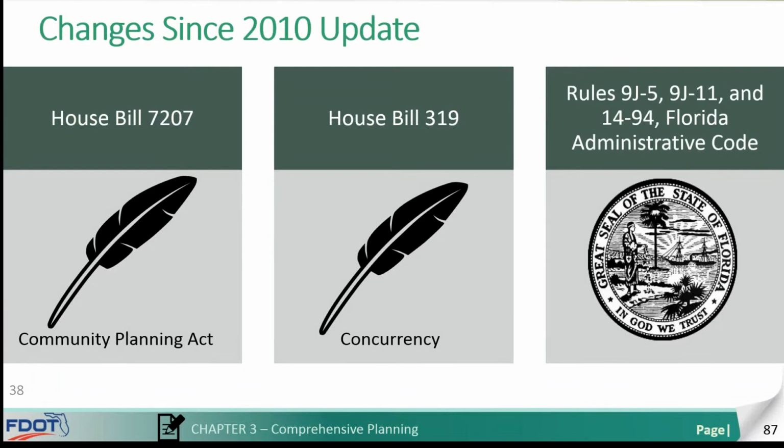Major changes which impact growth management and transportation planning that are identified within this handbook came from, but are not limited to, the passage of House Bills 7207 and 319, as well as the repeal of Rules 9J5, 9J11, and 1494 of the Florida Administrative Code.